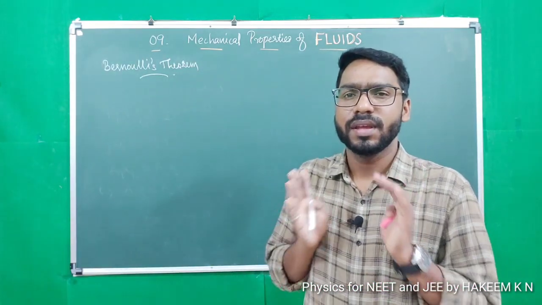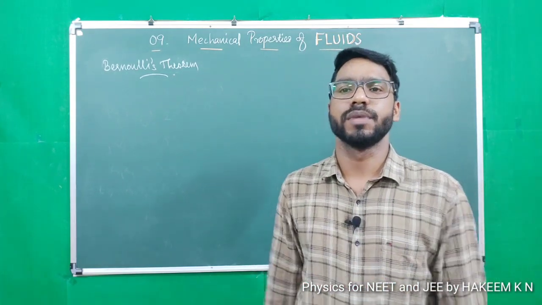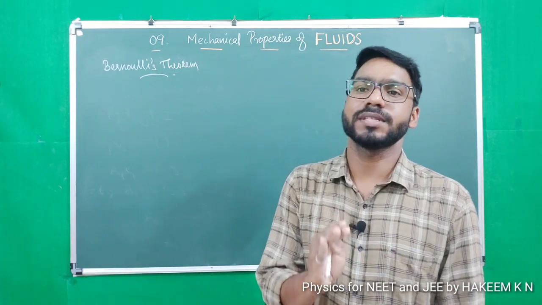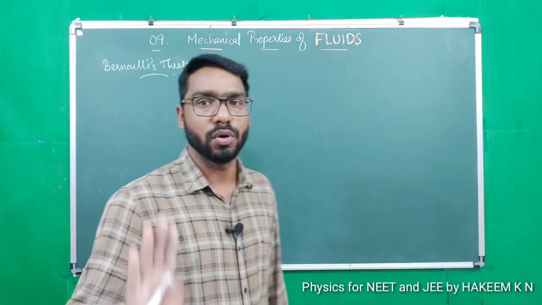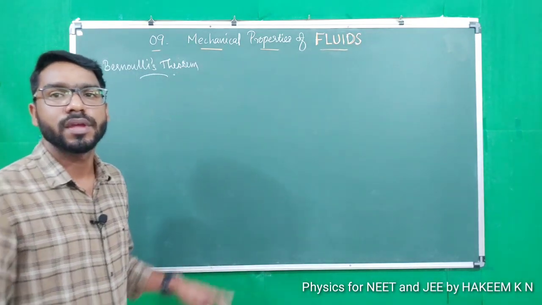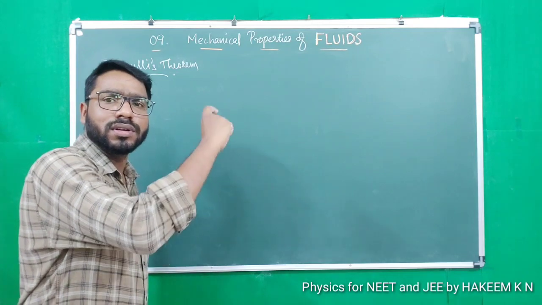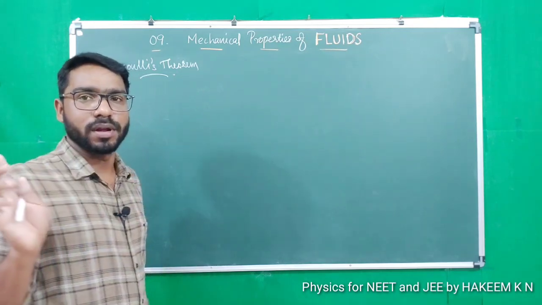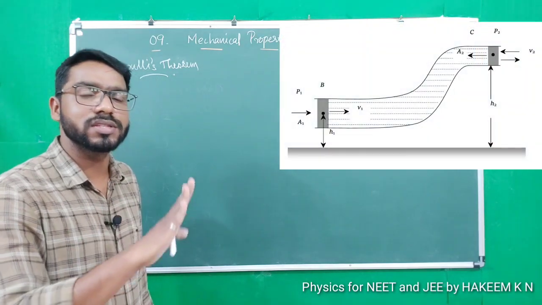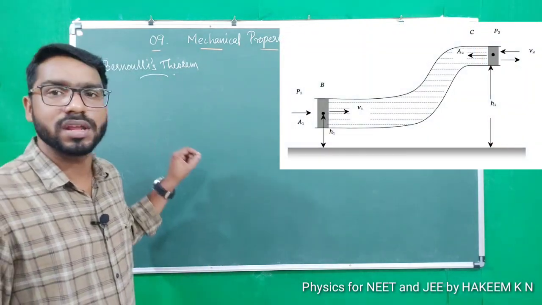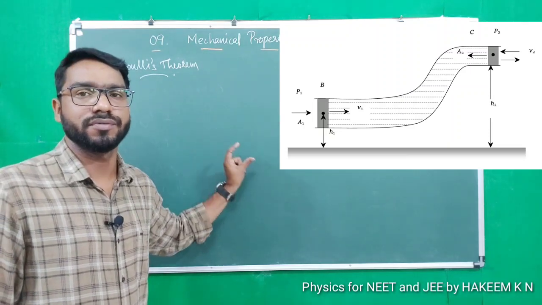Bernoulli's theorem. The equation of continuity is based on the law of conservation of mass, but Bernoulli's theorem is based on the law of conservation of energy. According to Bernoulli's theorem, the total energy of the liquid particle in steady flow should be constant throughout the motion.